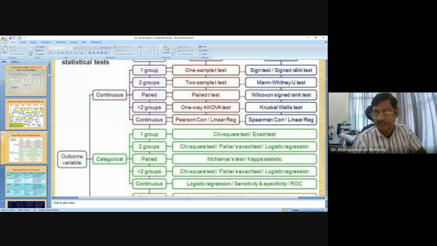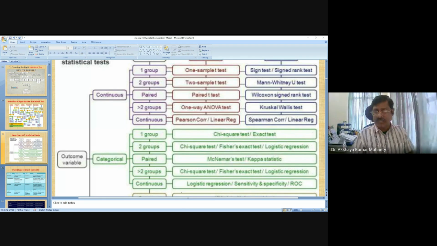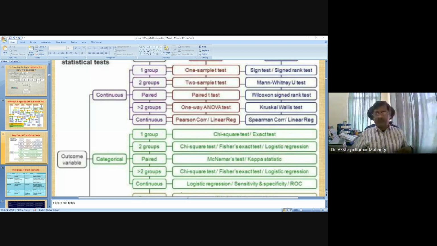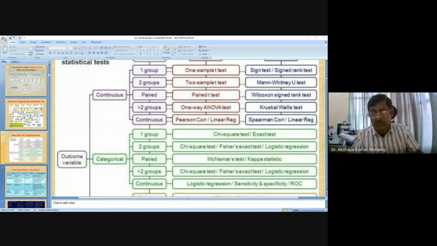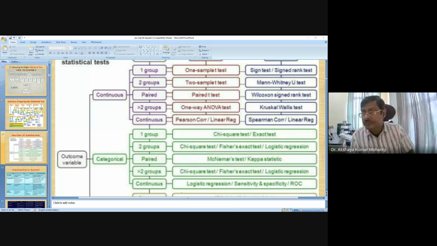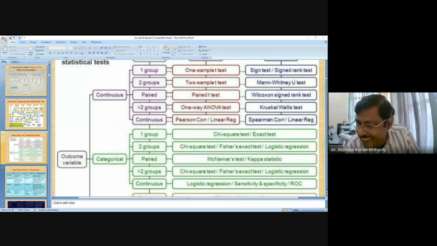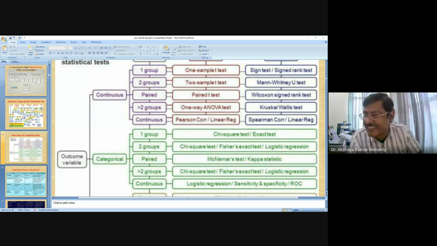Can you tell? Anybody please? Which is it, parametric or non-parametric? Anybody please? Vaisali Pedram, you already told, no? Let others have the chance.